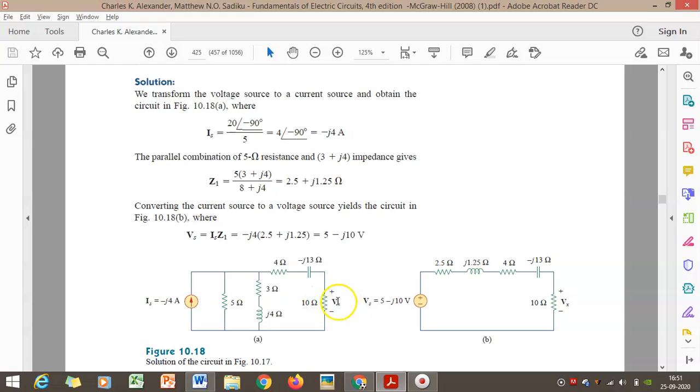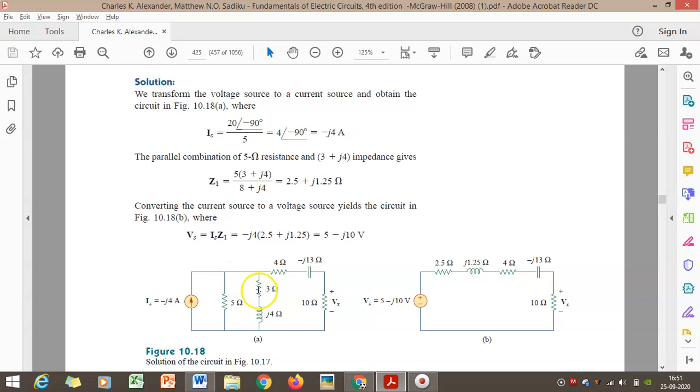For that we don't want this number of parallel branches, so we combine these two impedances: one is 5 ohm, and the other is 3 plus j4 ohm, using the parallel combination.